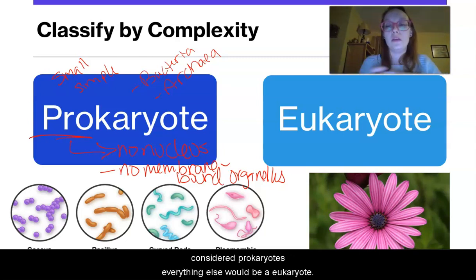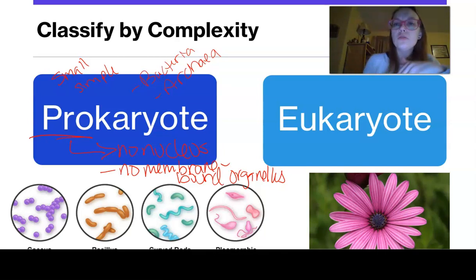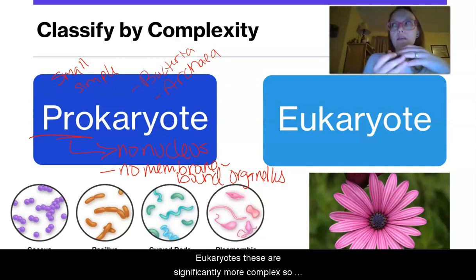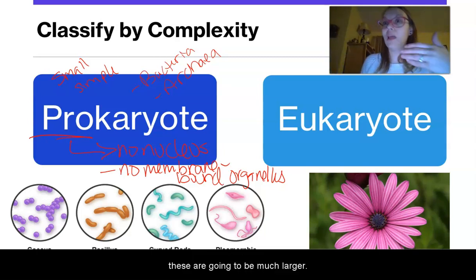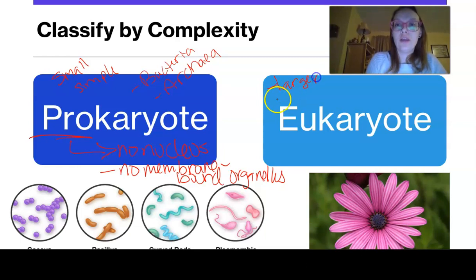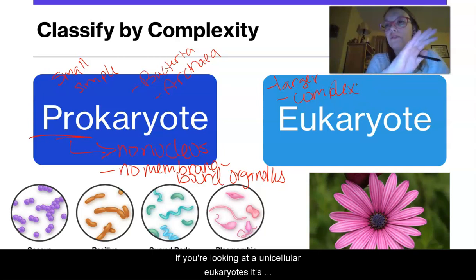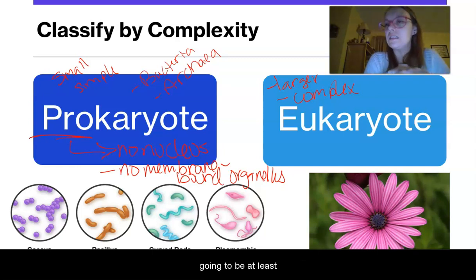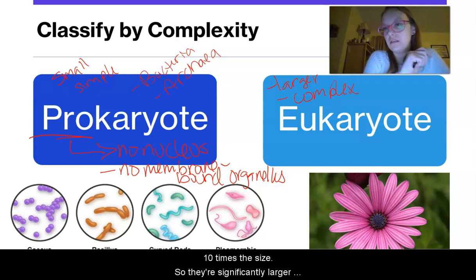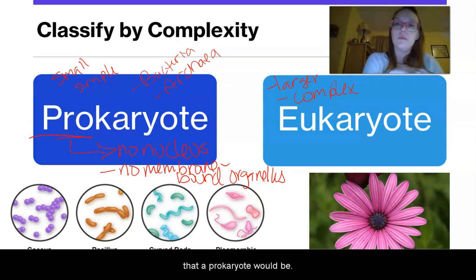Everything else would be a eukaryote. So eukaryotes are significantly more complex, much larger. Even if you're looking at a unicellular eukaryote, it's going to be at least 10 times the size. So they are significantly larger than a prokaryote would be.